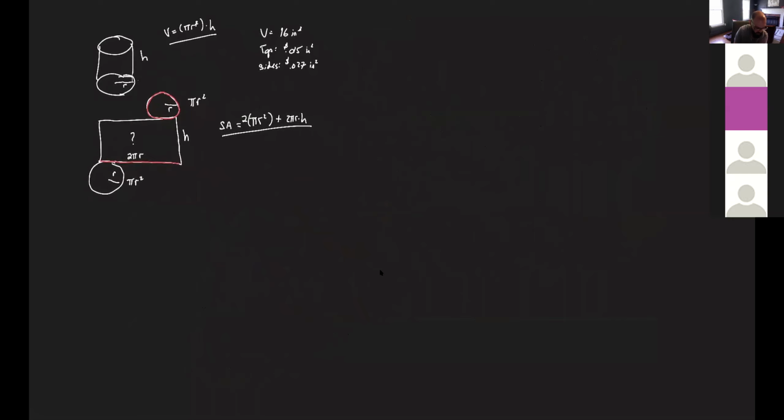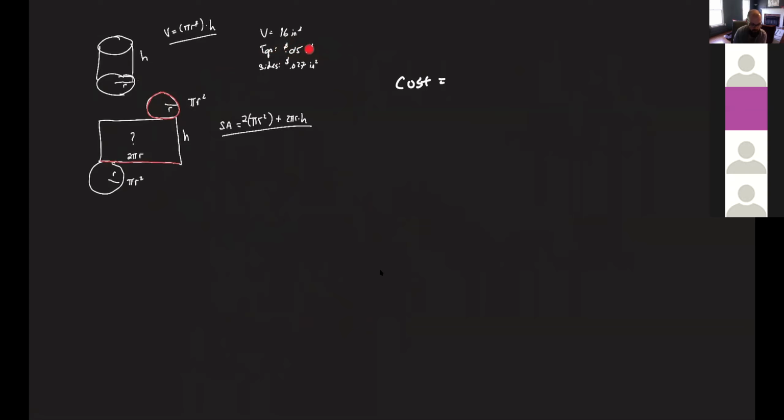But what's the cost? Cost is a new thing that we want to think about. It's going to be how much stuff we have up top and down at the bottom, so how much stuff we have in the circle times the cost of that.